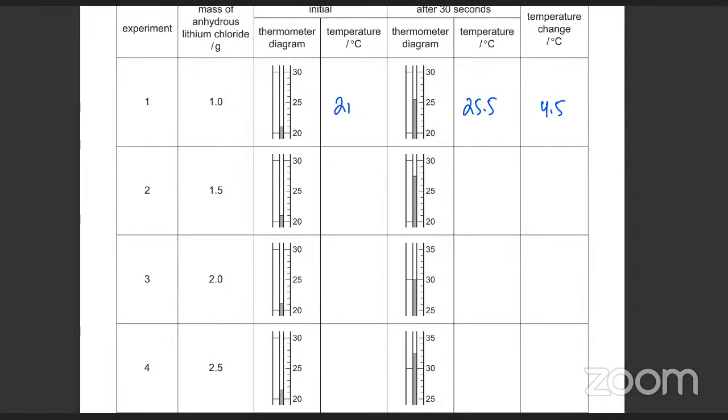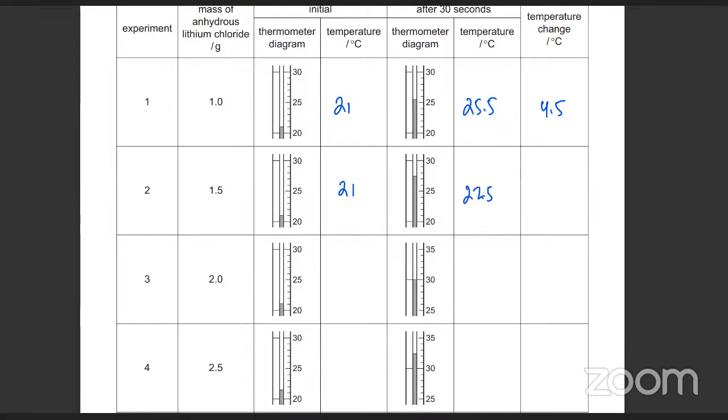Next one: 21 again. What's this now? 27.5.